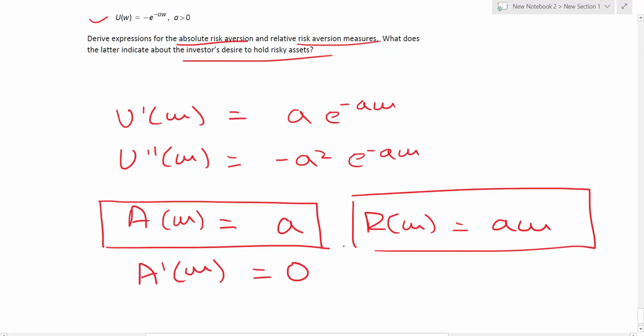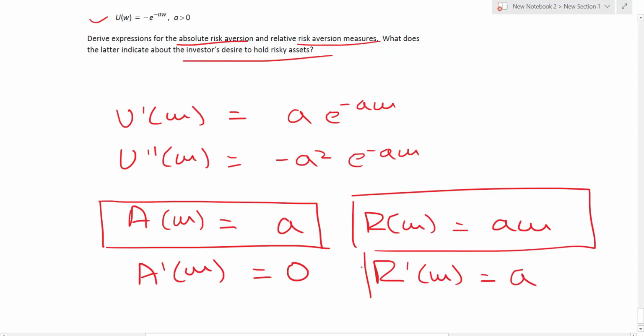So, as the wealth grows, the investor holds the same amount of risky assets in absolute terms. The money value of the risky assets held by the investor is exactly the same. As for relative terms, as a proportion of his wealth, R dash W will be equal to what?